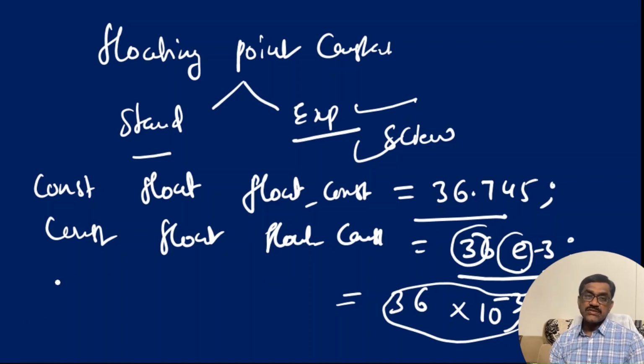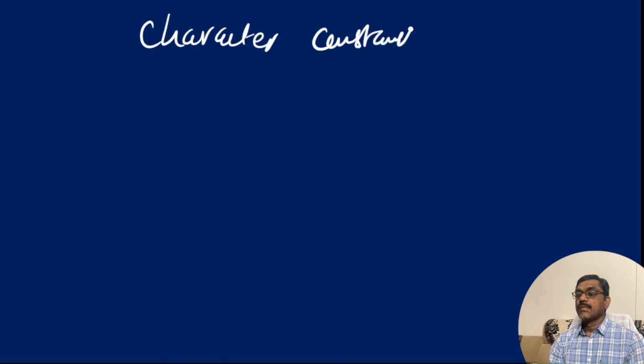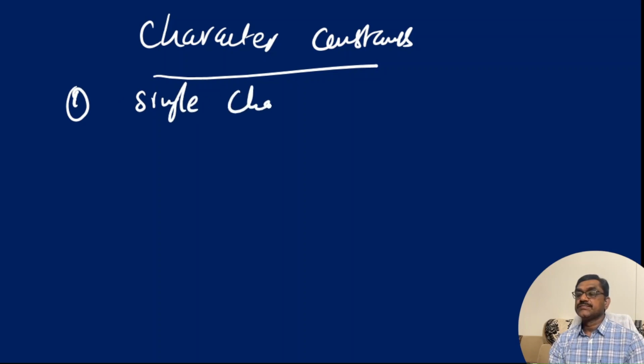Now, just now we discussed that character constants are enclosed in single quotes. Moving on to the next type of constants, we have character constants. Under character constants, first one we have single character constants.